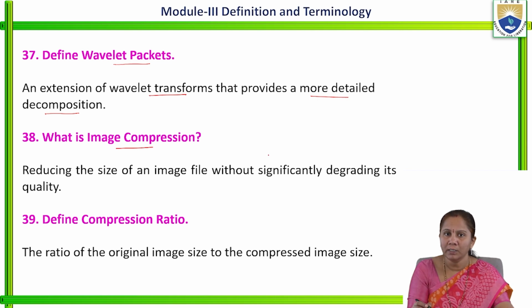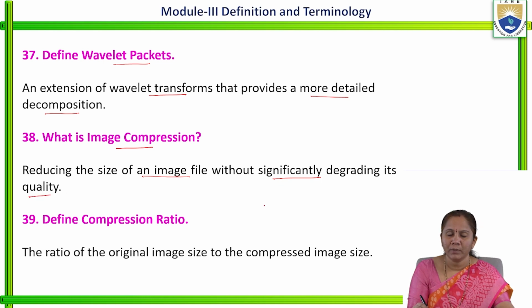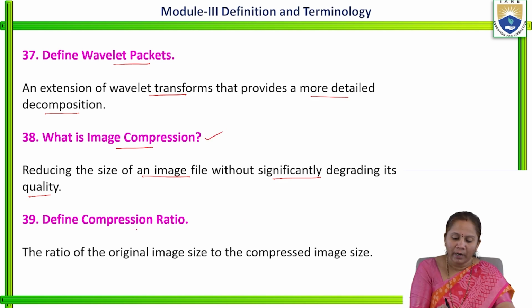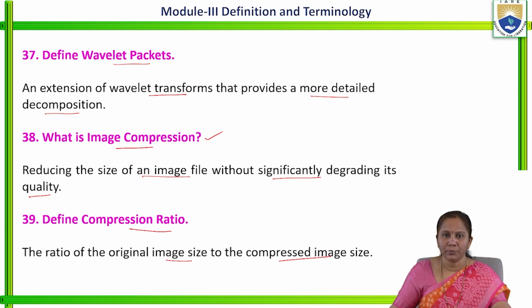Reducing the size of the image file without significantly degrading its quality, or without any loss of information, is called image compression. And define compression ratio. The ratio of the original image size to the compressed image size is defined as the compression ratio.